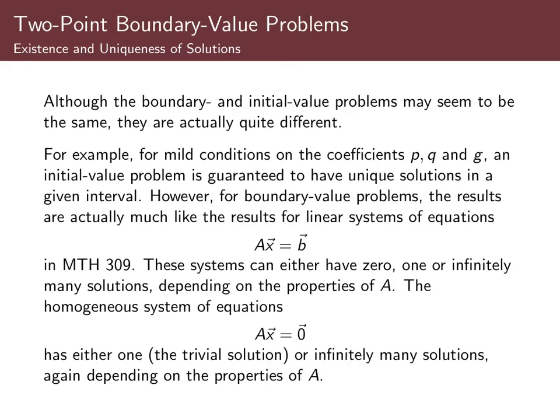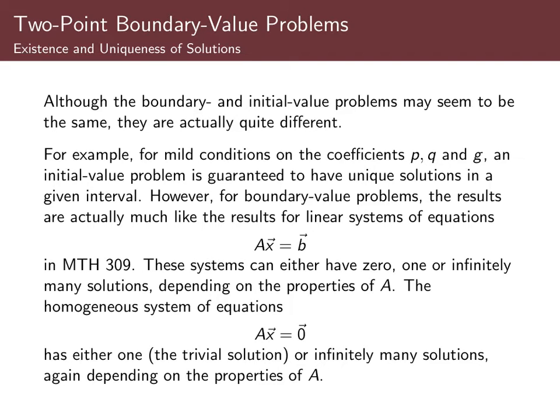Although initial and boundary value problems appear to be similar, it's more of a superficial similarity. For example, the mild conditions on the coefficients p, q, and g for initial value problems guarantee not only the existence of a solution, but also the uniqueness of a solution, at least in a given interval.